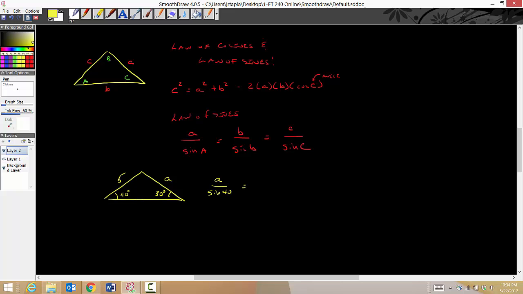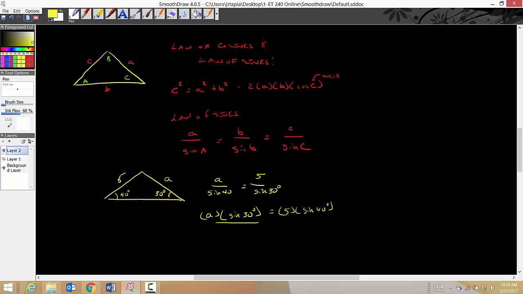So if we said this was C, then we would cancel out B over sine of B. Then you could say C is equal to 5 over the sine of 30 degrees. So here you would say cross multiply, so you would land up with A times the sine of 30 degrees is equal to 5 times the sine of 40 degrees.